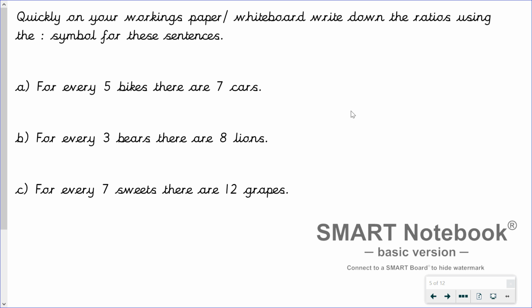So just quickly on your workings paper on your whiteboard, I want you to write down the ratios using the colon symbol, the ratio symbol for these sentences. Okay, so quick pause. Don't need to do it anywhere neatly like we're doing our normal question. Just really quickly, have a look and see, can you put the ratio symbol between those for me?